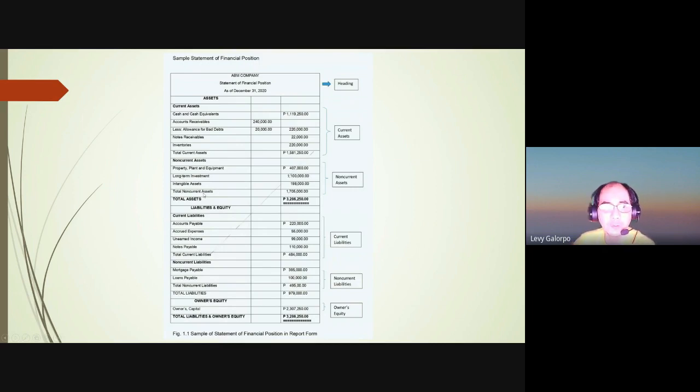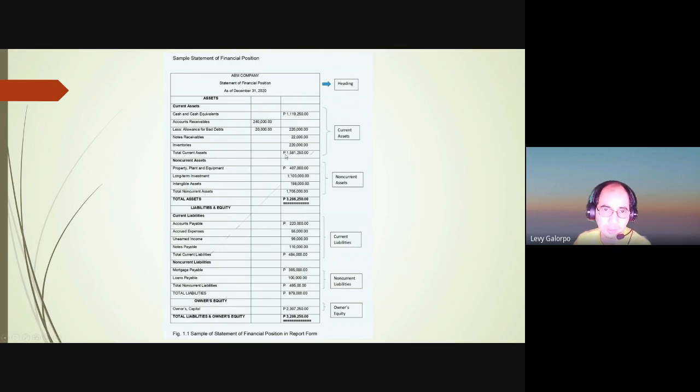No, we have the contra asset accounts. Hanapin natin dito. Asan dyan ang contra asset accounts? Diba ang sabi, ito ay part ng makikita nyo sa balance sheet. Pero ito ay kabawasan doon sa isang account na kung saan sinusundan niya. So, hanapin nyo dyan ang tinatawag nating contra asset accounts.